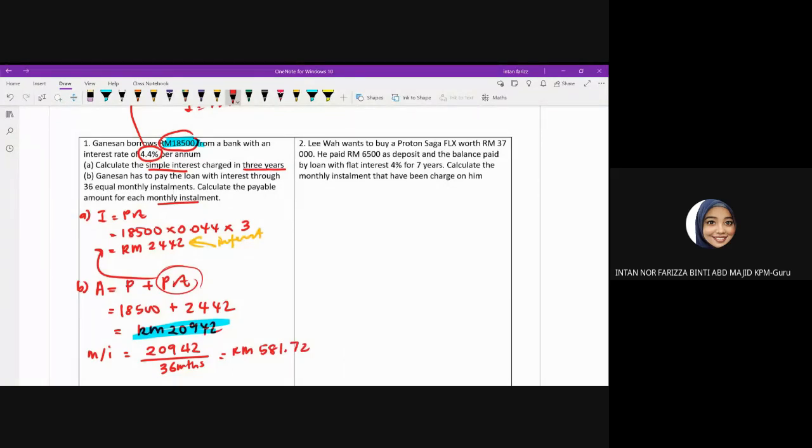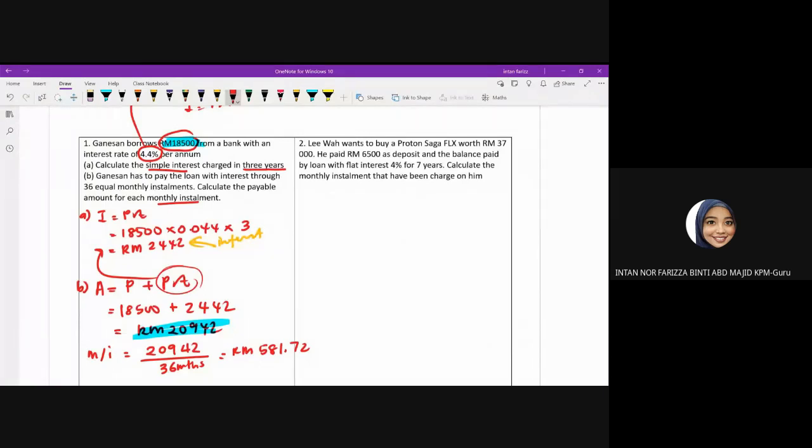When he borrowed 18,500, the value increases to 20 plus thousand. So to settle the loan, he has to pay RM581.72 to the bank every month for those 3 years. He must finish the 3 years, then his debt is cleared.